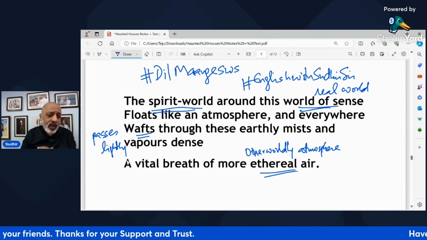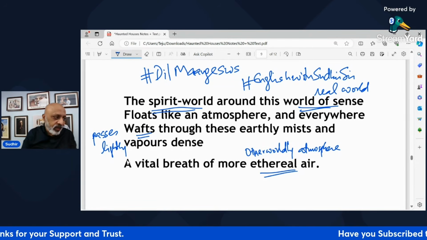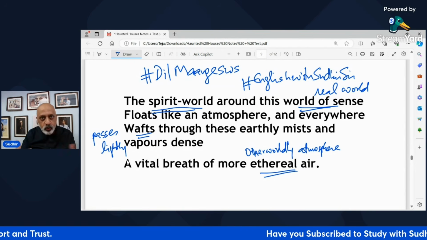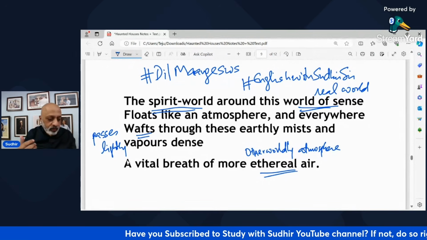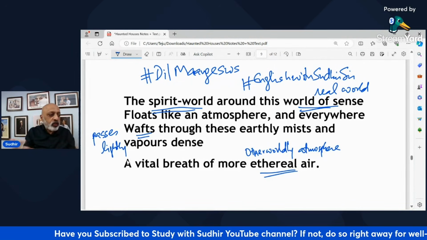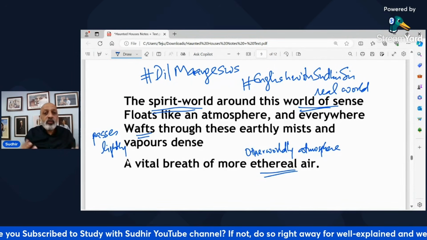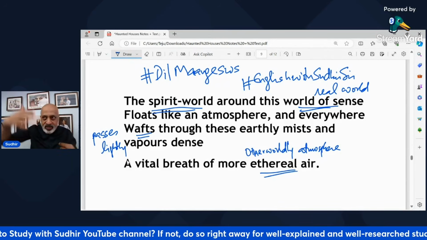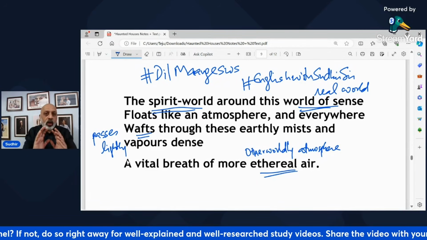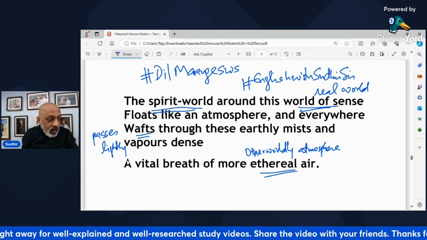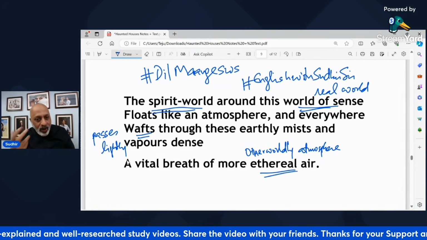Meaning of the last line, a vital breath of more ethereal air. It means that the spiritual world is described as ethereal air. Permeating means it is spreading through the dense mist of our earthly existence. There is a dense mist, but it is there all around us. So the last line is talking about a vital breath.